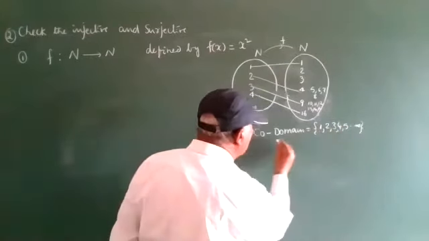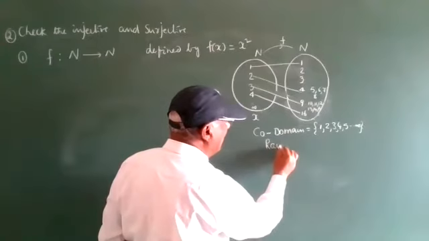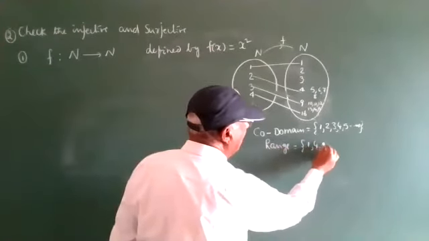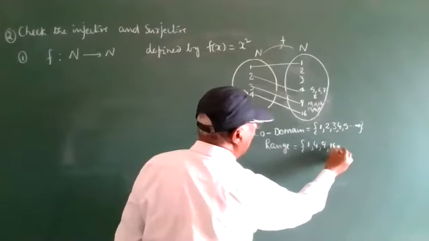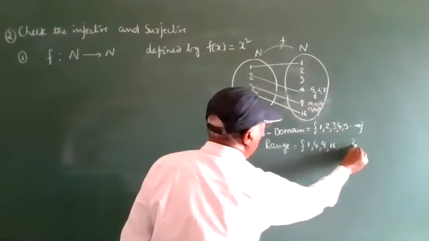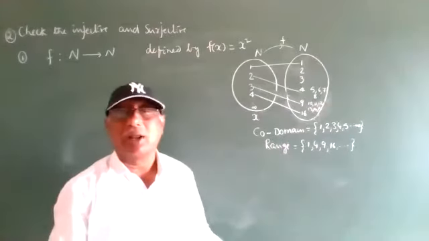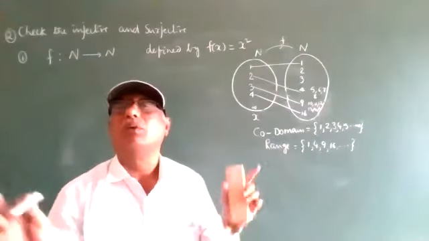The range is only square numbers: 1, 4, 9, 16, 25. Both are not equal. Therefore, it is not an onto function.